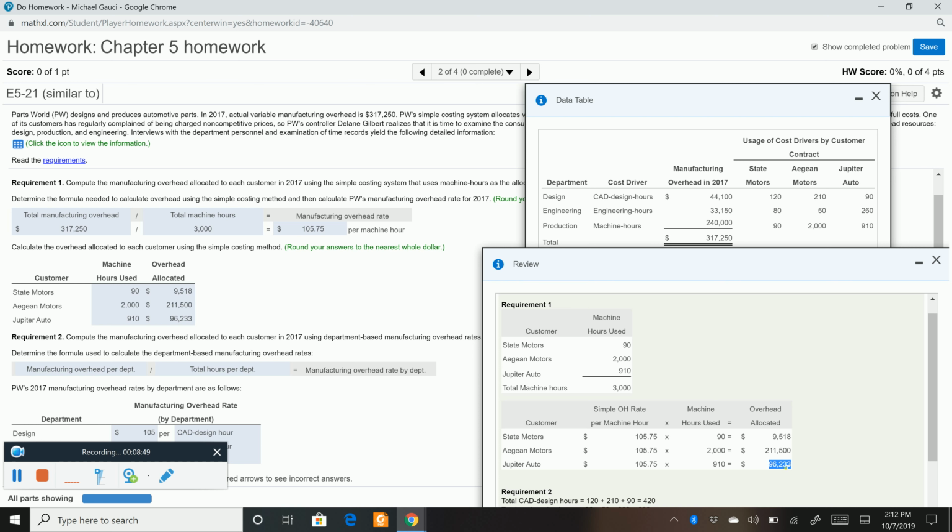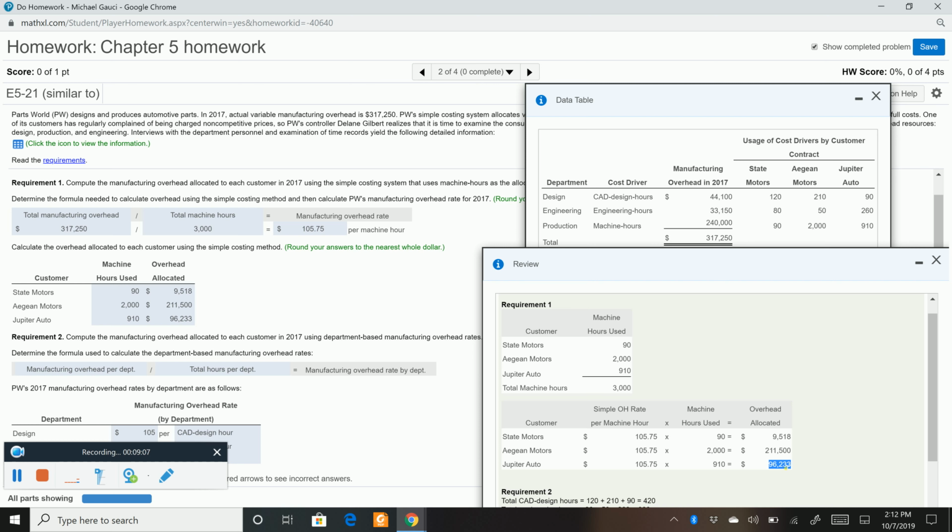This is a very simple way to allocate indirect variable overhead. This is acceptable when you have a very simplistic operation, but in today's manufacturing environment, it has become very complex. There's a lot of technology involved. There's a lot of processes involved.